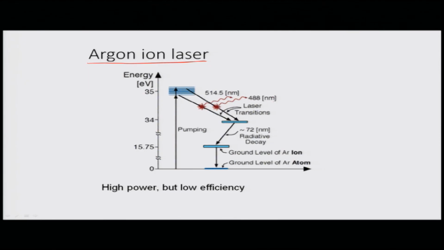It is again a 3-level system, so you go to the excited state, then come to the metastable states, and then you see the laser transitions at different wavelengths, 514.5 or 488 nanometers, which are the higher plasmonic transitions being used. That is why it is an argon ion laser. It can provide high power, but it again has low efficiency because it is a 3-level system.